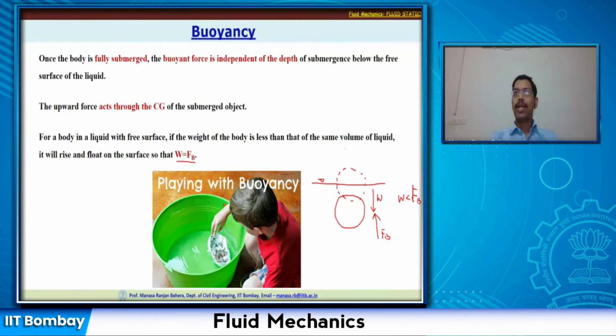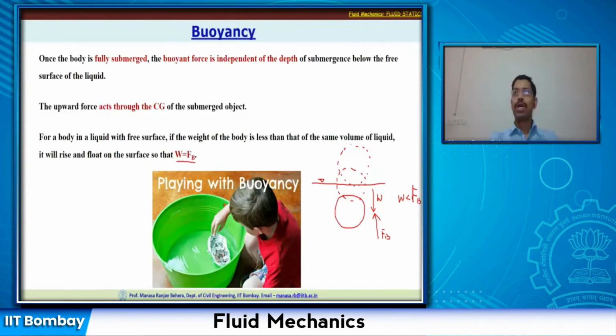Sometimes you will find the body completely floating on top of the water, with maybe a very minor section submerged. That tells us the body is so light that only a small amount of fluid is displaced.